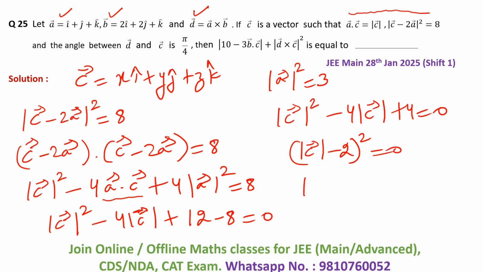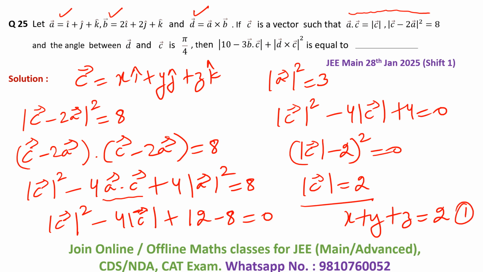So from here we get the value of mod of c, and that is nothing but 2. Fine. Now since mod of c is equal to 2 and a dot c is equal to mod of c, so I can write an equation in terms of x, y and z, and that becomes x plus y plus z equal to 2, right? So this is our first equation.